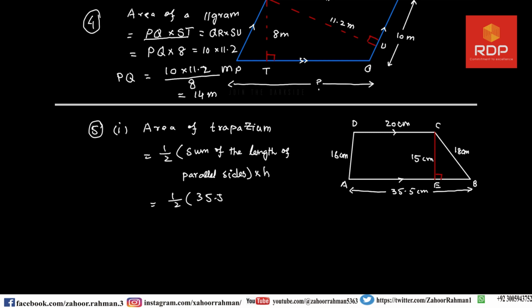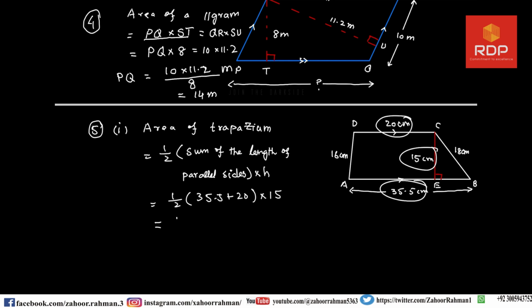35.5 plus 20 into 15, which is the red line. So there are two parallel sides, this one and this one. This is the height, and 1/2 is from the formula.